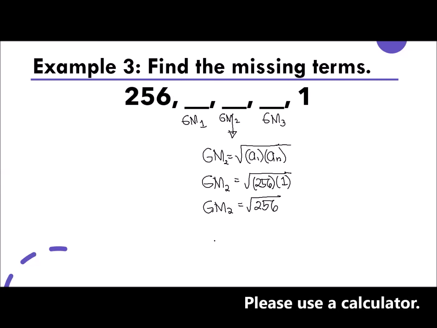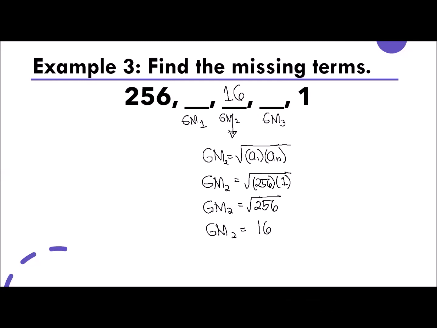The answer there is 16. Okay? So, the answer here is 16. Then, in order for us to get this, we will have the square root of 256 times the square root of 16.